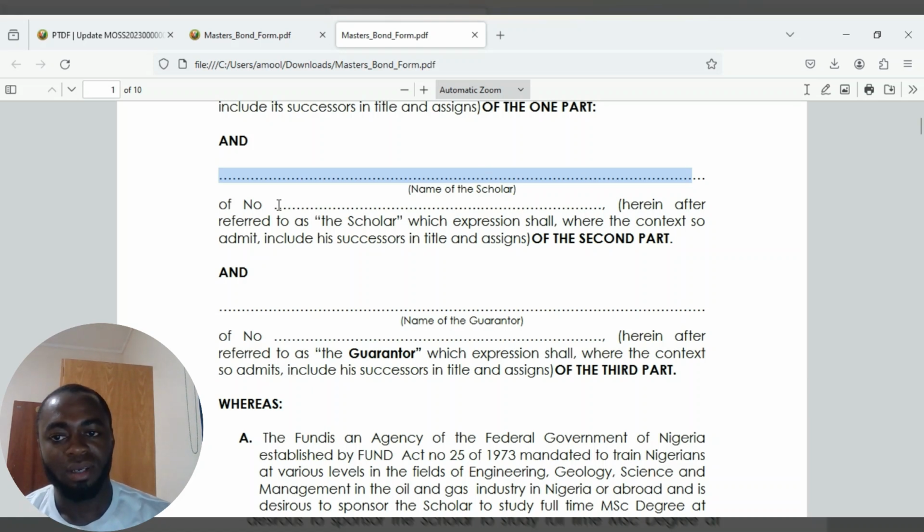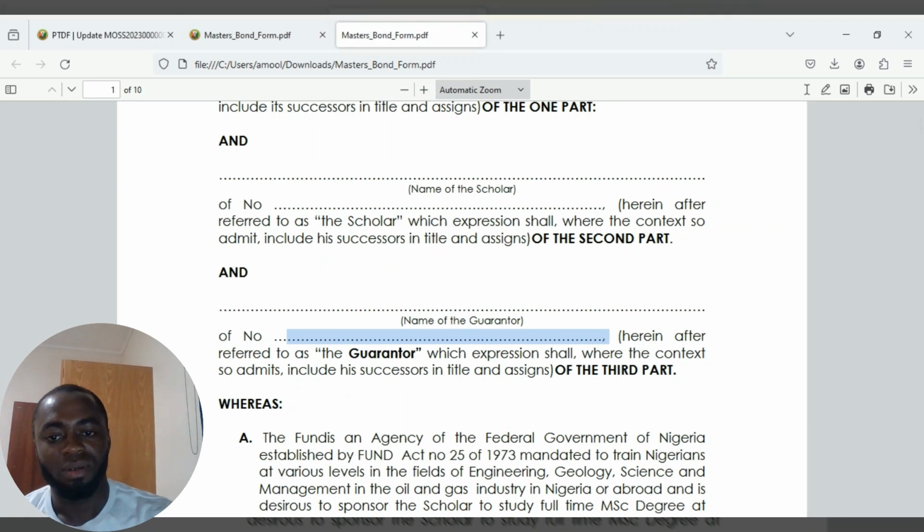Your name is there. Over here comes your address, and you are hereinafter referred to as the scholar. Here, the next space is the name of the guarantor, and here is where you have to put down the address. Guarantor will put down his address.